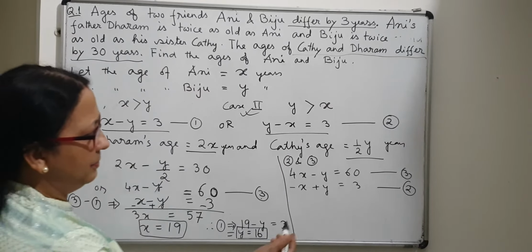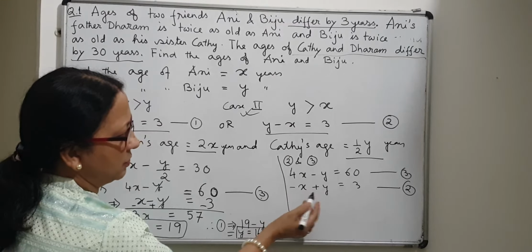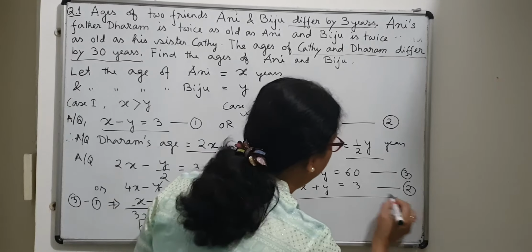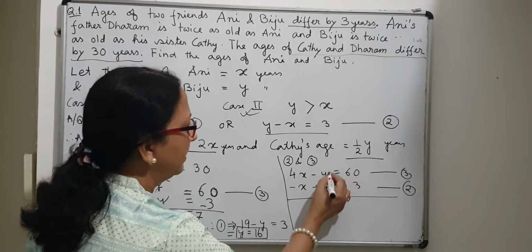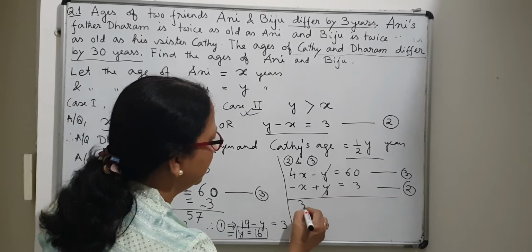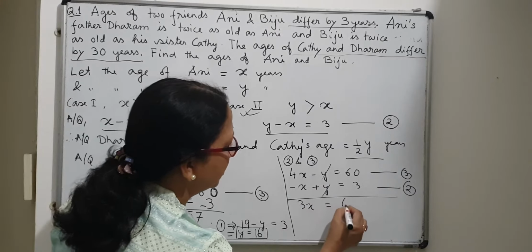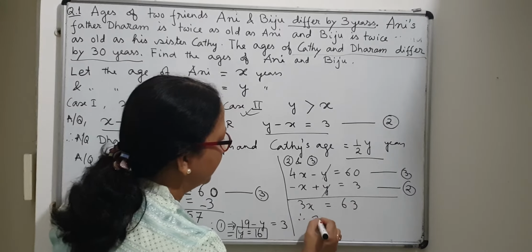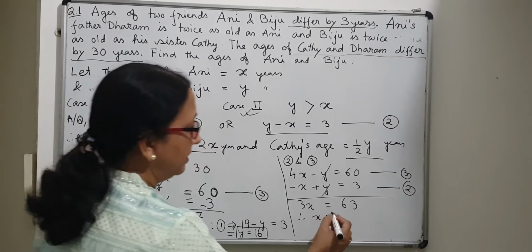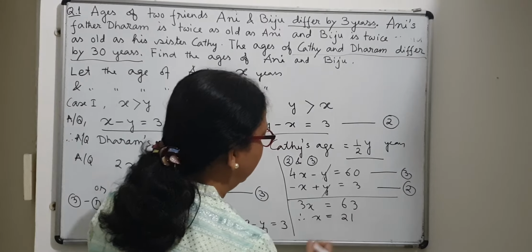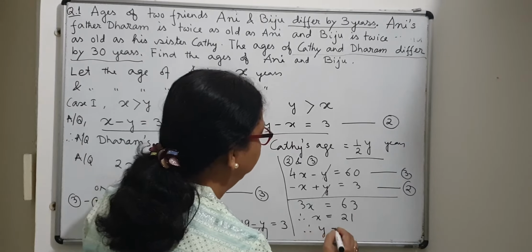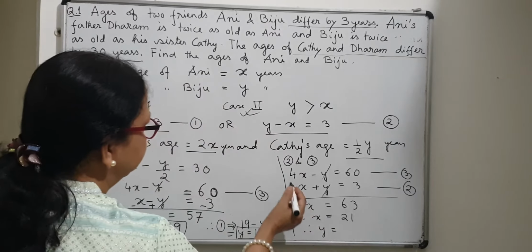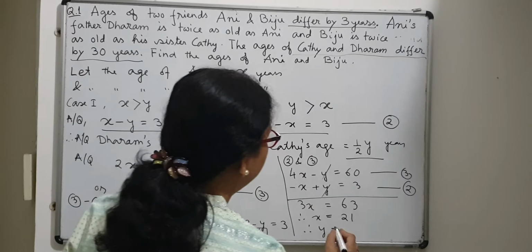So it is very easy because we have minus y plus y. So if I add them, y will be eliminated. So I am adding, so these two get cancelled. So it is 3x is equal to 63. Therefore x is equal to 63 by 3, that is 21. So therefore y will be from equation 2.